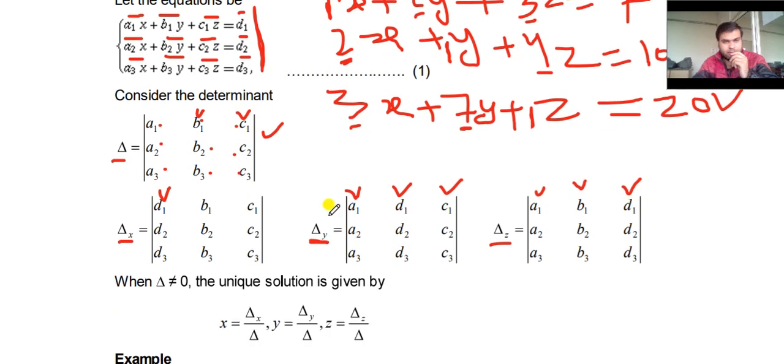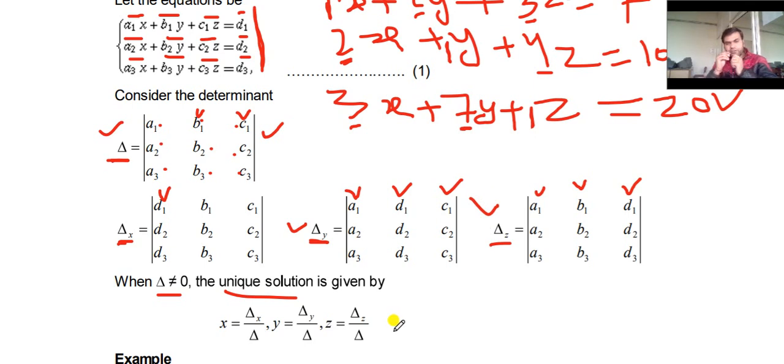After that, we have to find the determinant of the first matrix. If the determinant of this matrix is not equal to 0, then only do these three equations have a unique solution. After that, we find the values of the three determinants delta x, delta y and delta z.